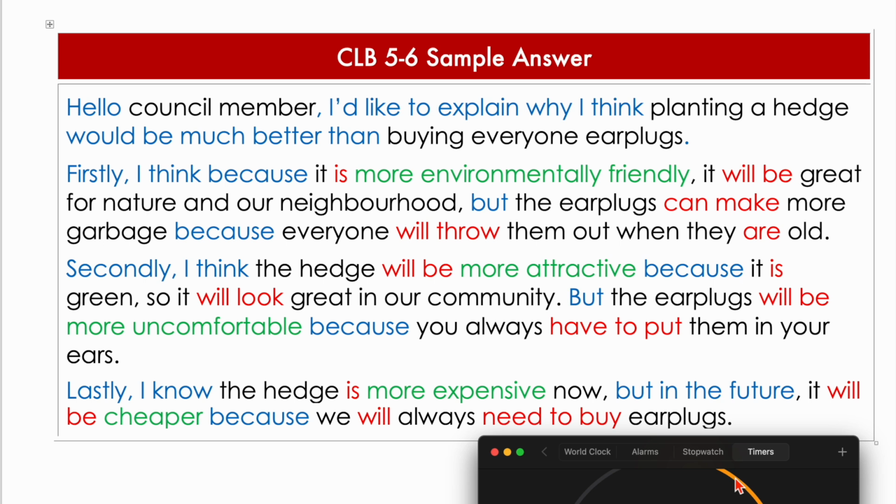Secondly, I think the hedge will be more attractive because it is green, so it will look great in our community. But the earplugs will be more uncomfortable because you always have to put them in your ears. Lastly, I know the hedge is more expensive now, but in the future, it will be cheaper because we will always need to buy earplugs.